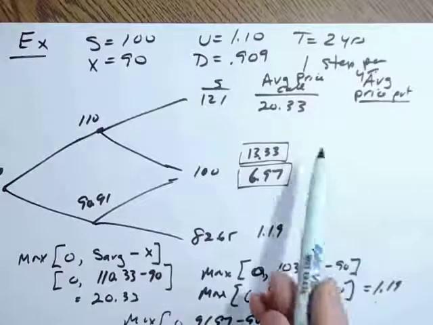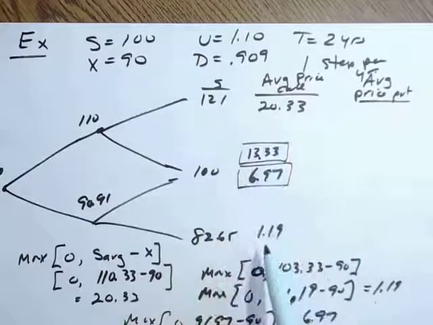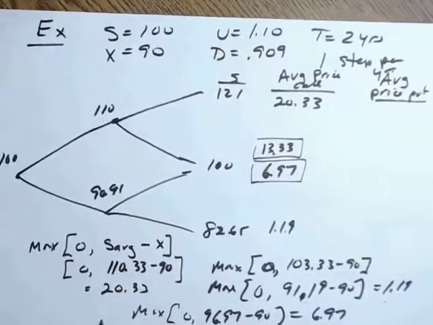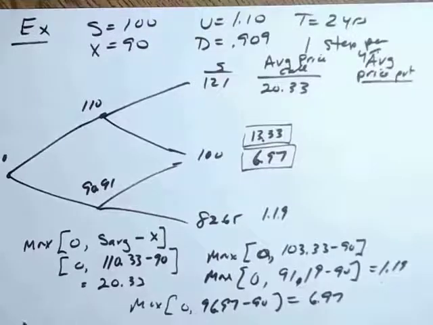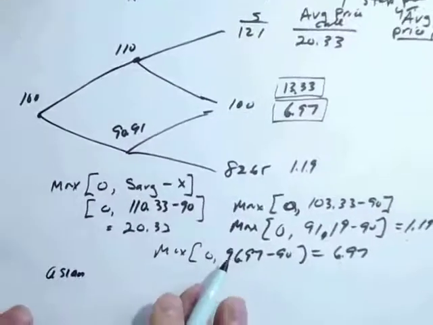Okay, so now all we have to do is discount these cash flows back, and the probabilities are the same. We'll write here Asian, give it a little space.